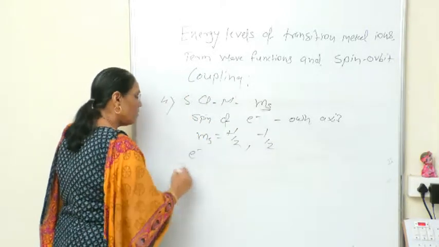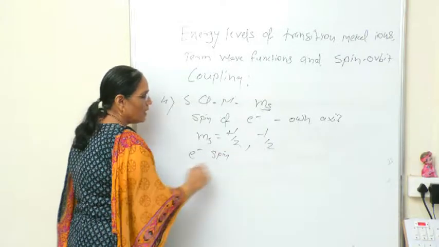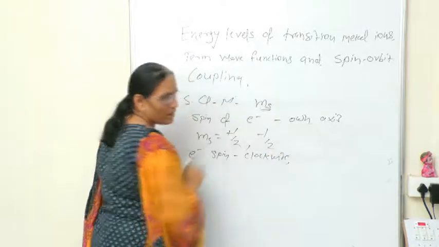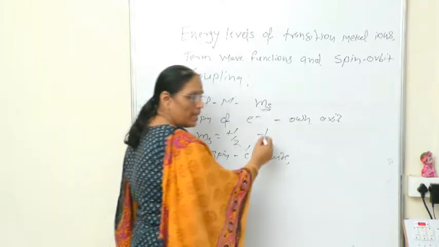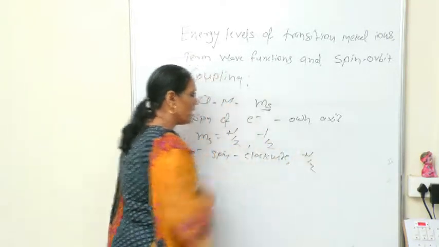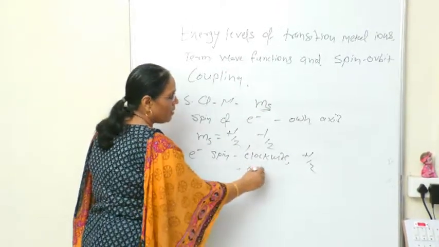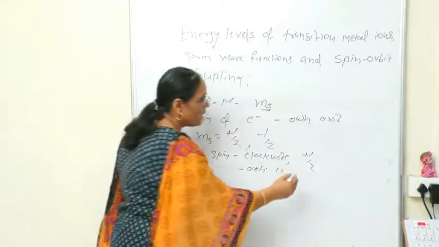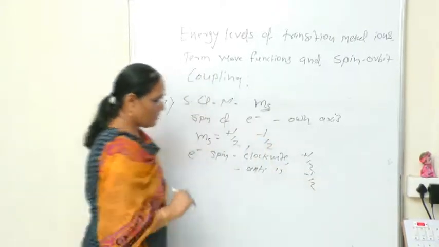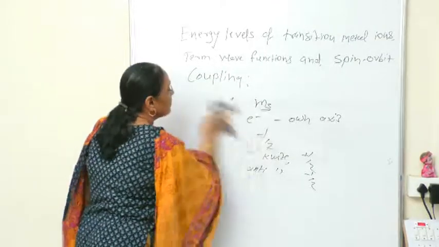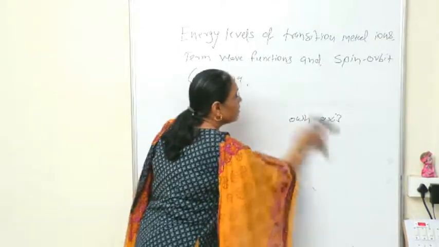When the electron spins in a clockwise manner, the spin quantum number is +1/2, and when it spins in an anti-clockwise manner, the spin quantum number is -1/2. So this is about the 4 quantum numbers.